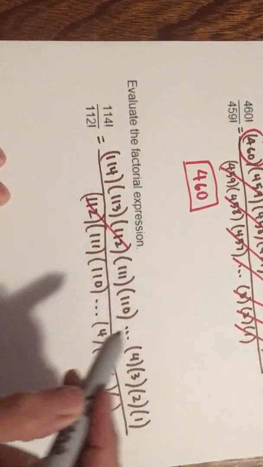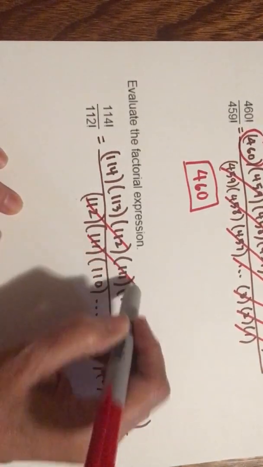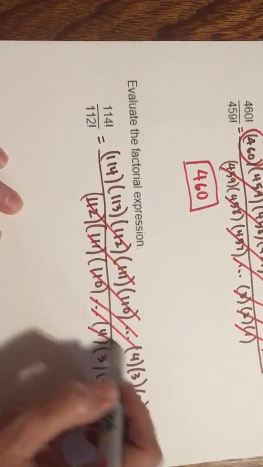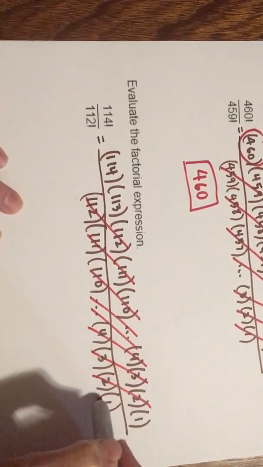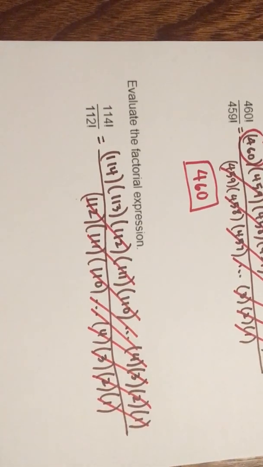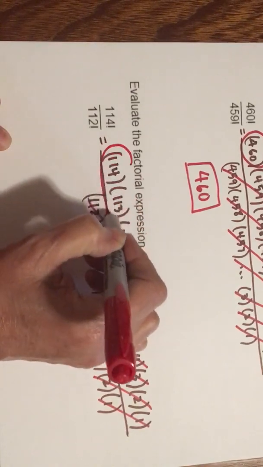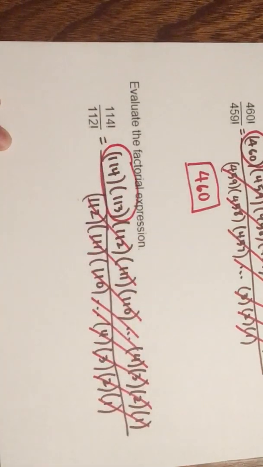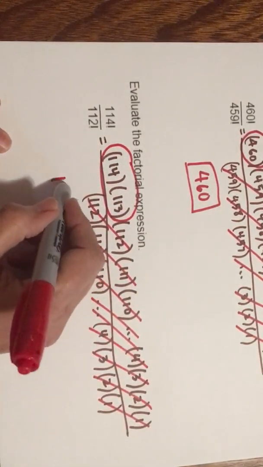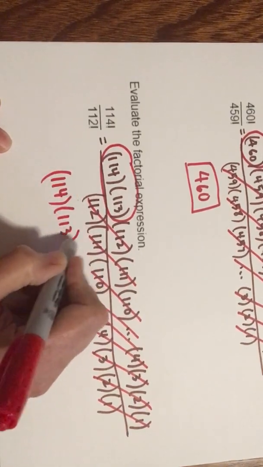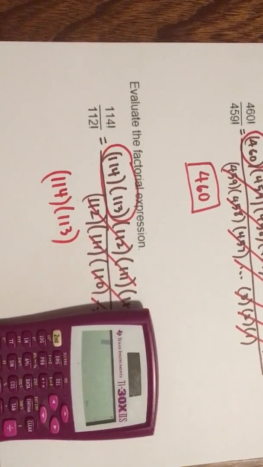The 112s cancel, 111, 110, all the integers in between, 4, 3, 2, 1. And then we're left with 114 and 113. Those are multiplied together. So the answer is 113 times 114.